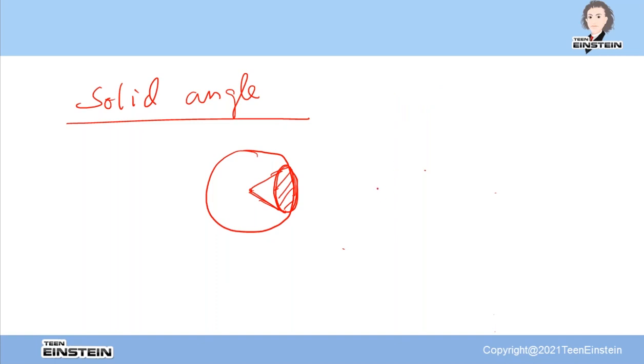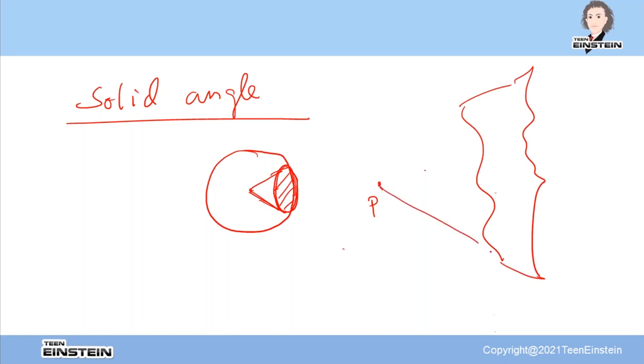I can take any arbitrary surface. Suppose this is a point P. The end of this surface is like C, and this surface is subtending a certain angle at this particular point.